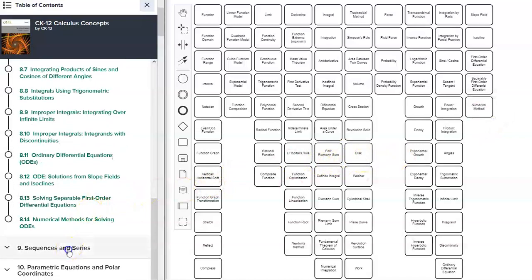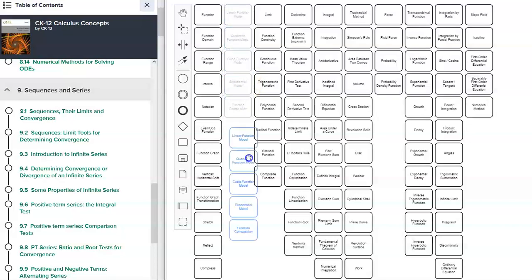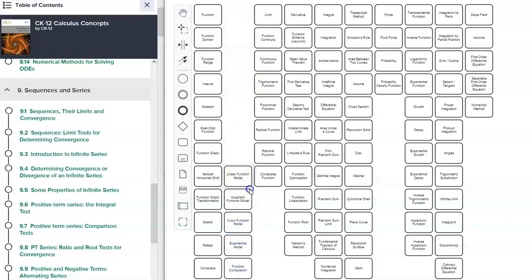Alright, so now we're on to sequences and series. Now we're running out of room here. So what I'm going to do is I'm going to go ahead and take these guys, move them down, move him up, move somebody somewhere else here.